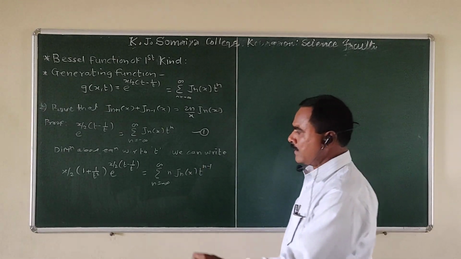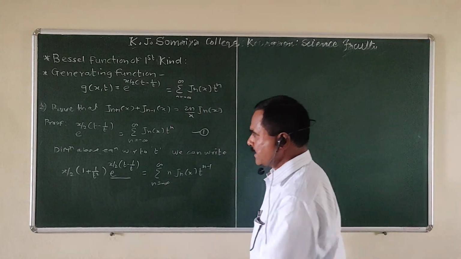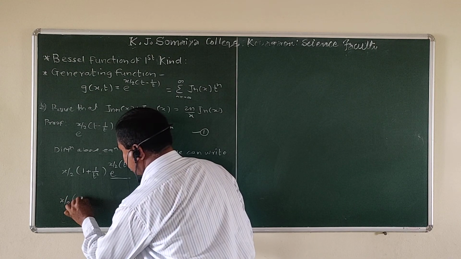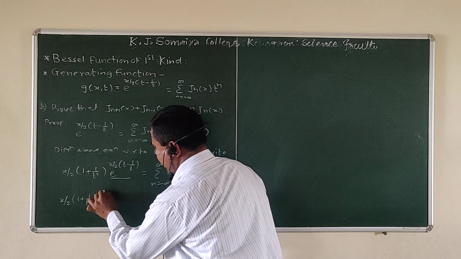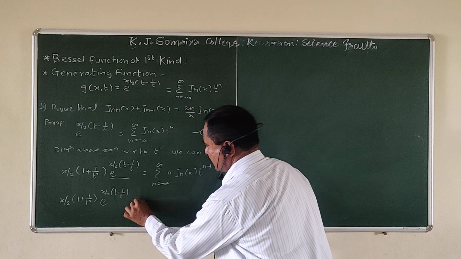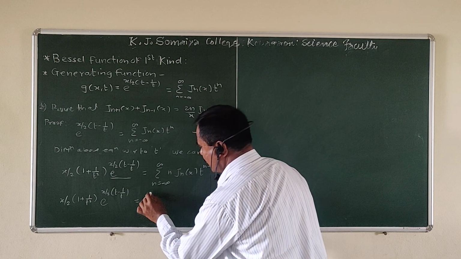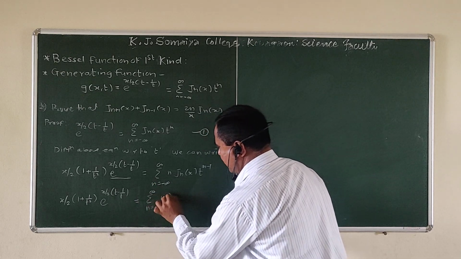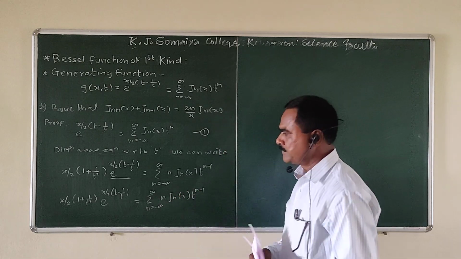Okay, then here we substitute this term as the power series. So write here x by 2 (1 plus 1 upon t square), then e raised to x by 2 in bracket (t minus 1 by t) equal to summation n from minus infinity to plus infinity n Jn of x t raised to n minus 1.